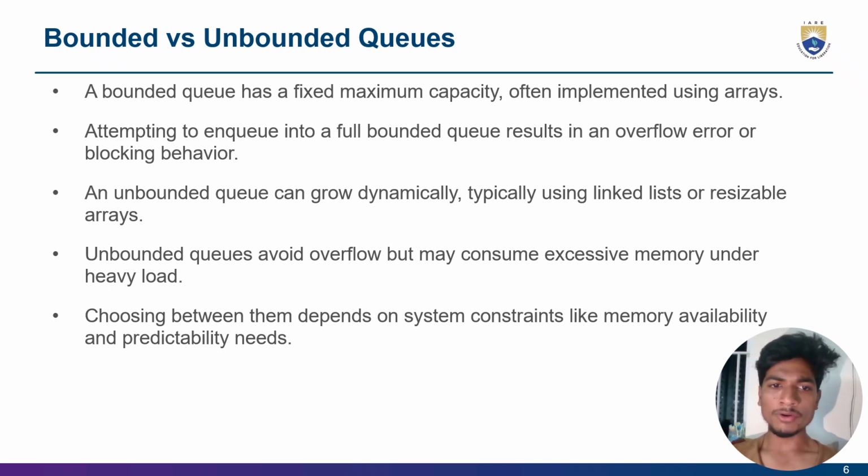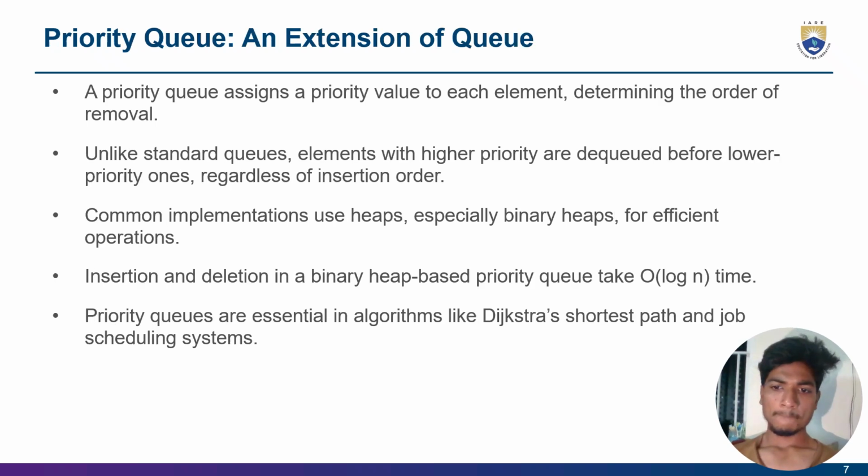Unbounded queues avoid overflow but may consume excessive memory under heavy load. Choosing between them depends on system constraints like memory availability or predictability needs.